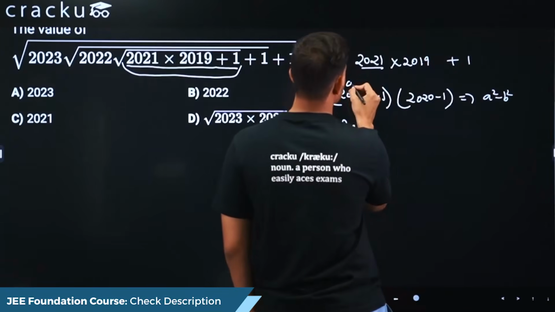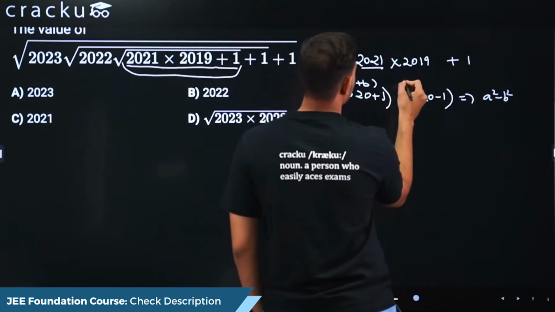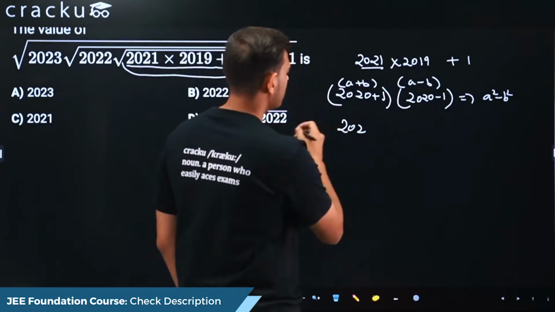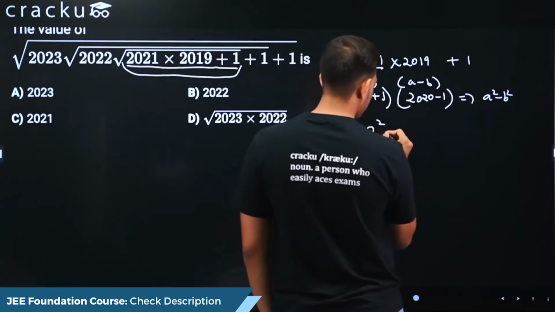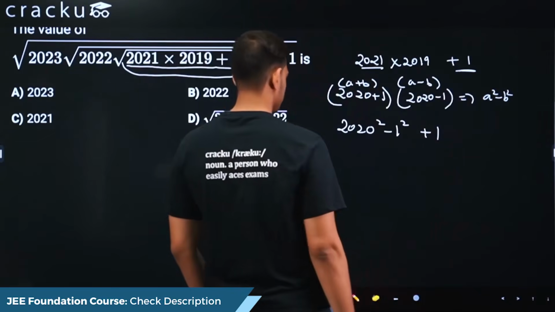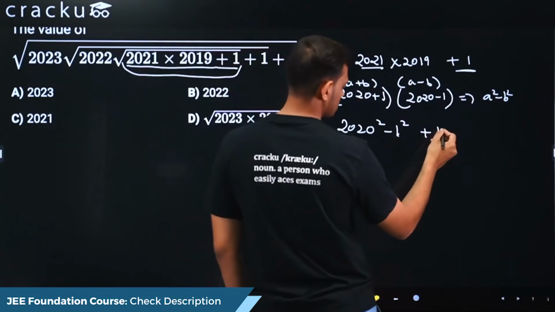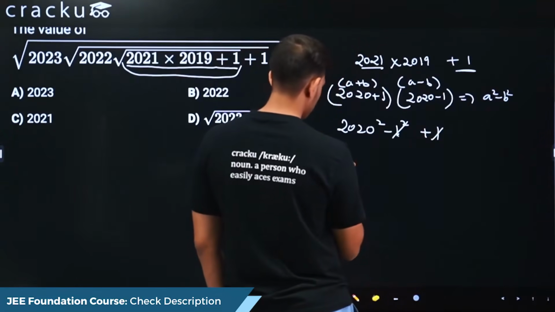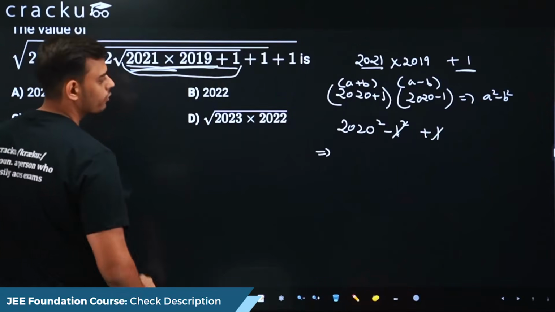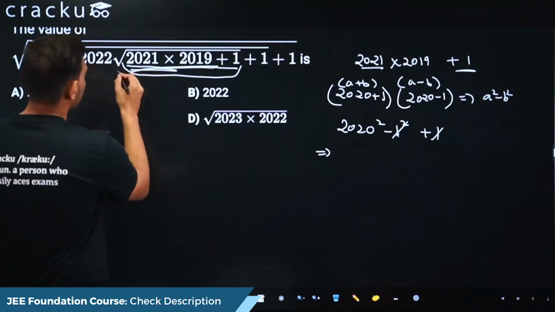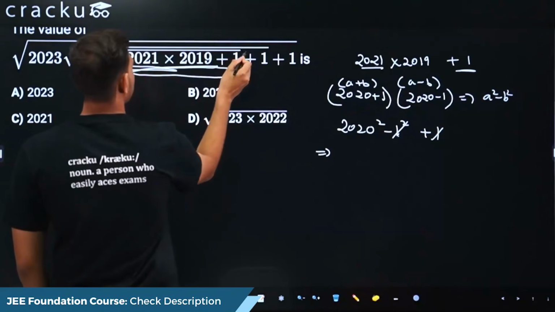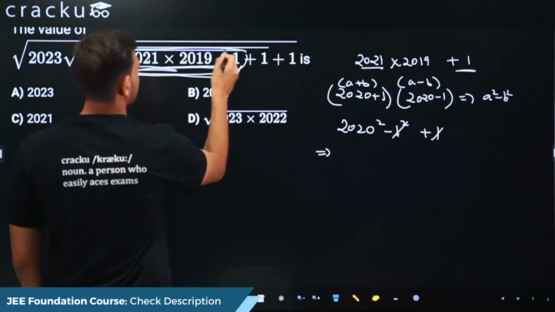So this will give me 2020 square minus 1 square plus 1. Square of 1 is 1. This and this will cancel out. I will get this value to be the square of 2020. And if I underroot it, I will get 2020 directly. So this will be 2020.